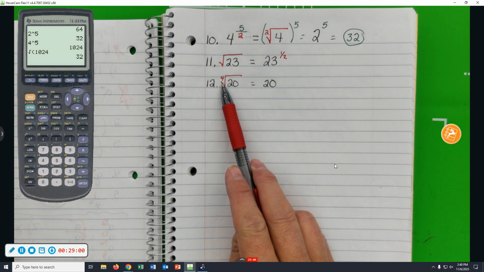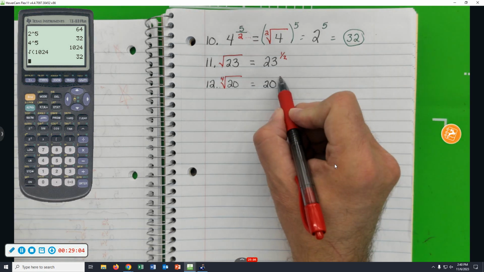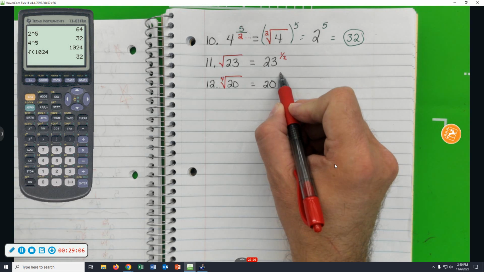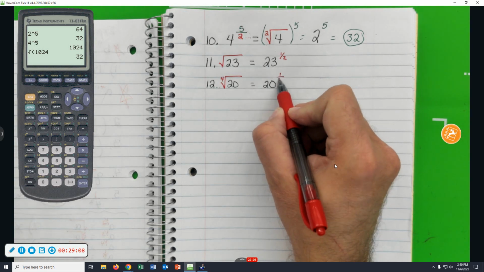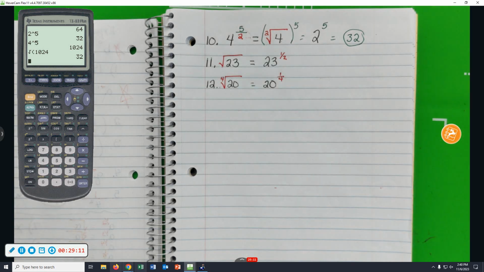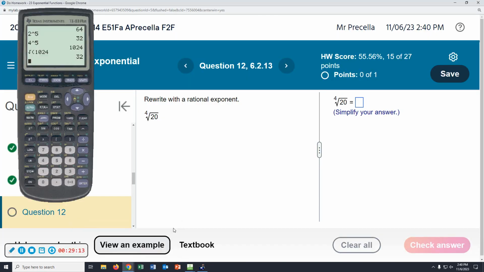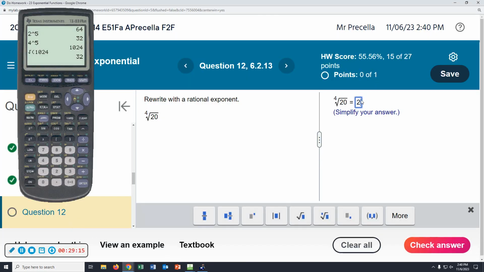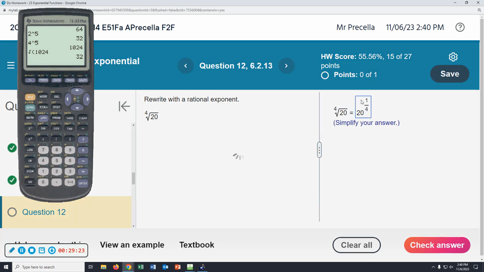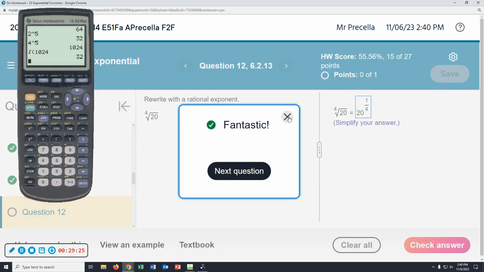If we want to get rid of this radical and write an exponent, what fractional exponent am I going to write right here? 1 over 4. Good. Okay. So the 4th root of 20 is the same thing as 20 to the 1 over 4.